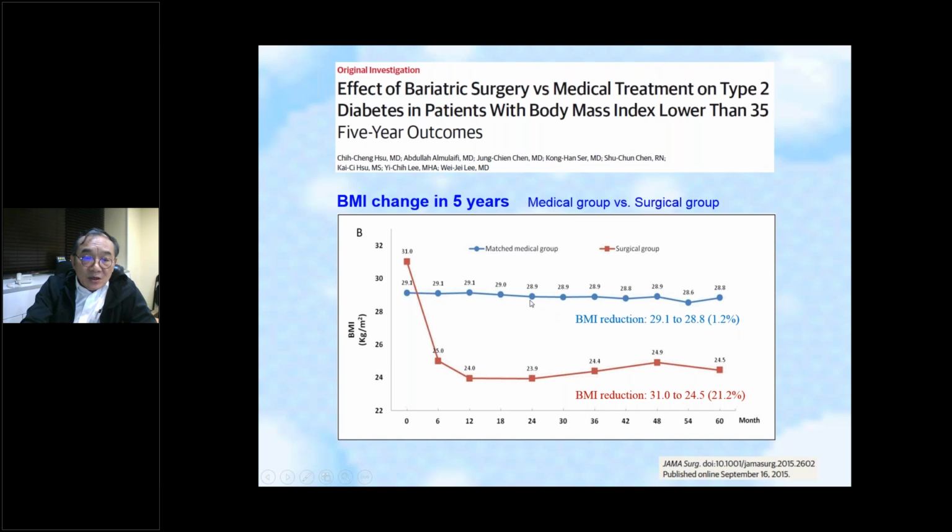This is probably because surgery provides durable weight reduction in this group of patients. Comparing to the matched medical group, the BMI remained the same, although it decreased a little, but not enough to provide better glycemic control.